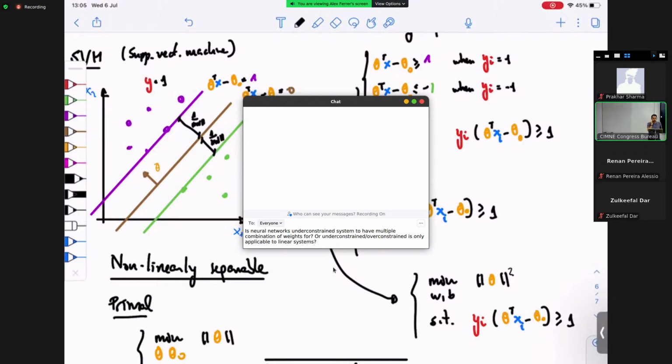What would you do to solve this problem? For example, this one.